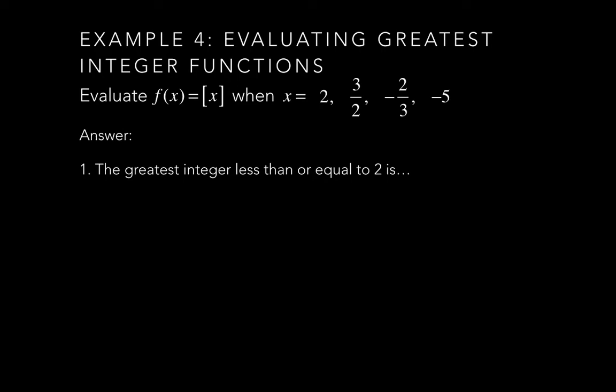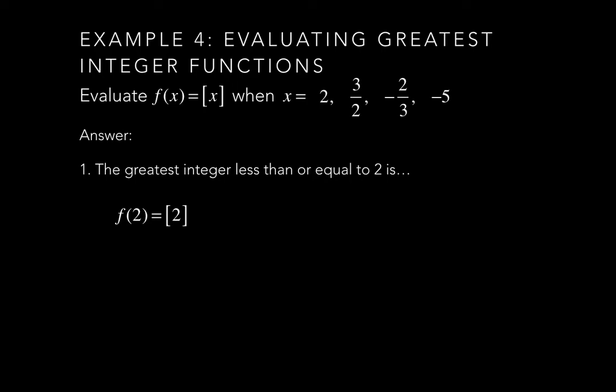So beginning with 2. Ask yourself, what is the greatest integer less than or equal to 2? Well, this requires you to remind yourself what an integer is. An integer is going to be a whole number like 0, 1, 2, 3, 4, 5, or their opposites, which are -1, -2, -3, -4, -5.